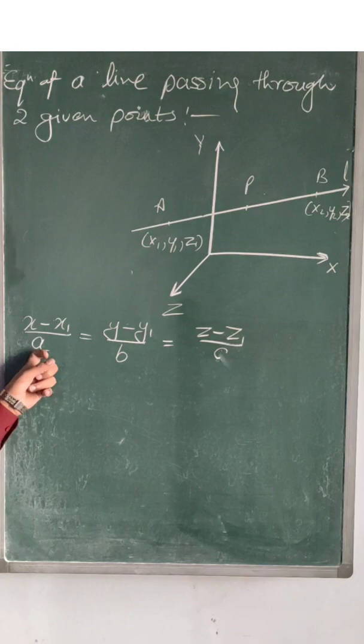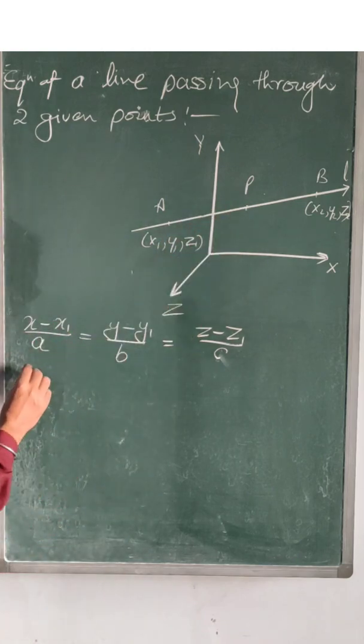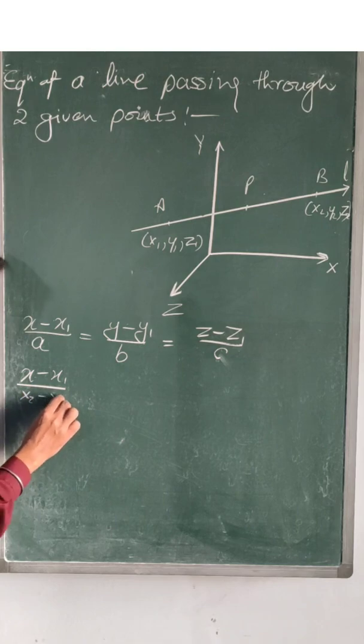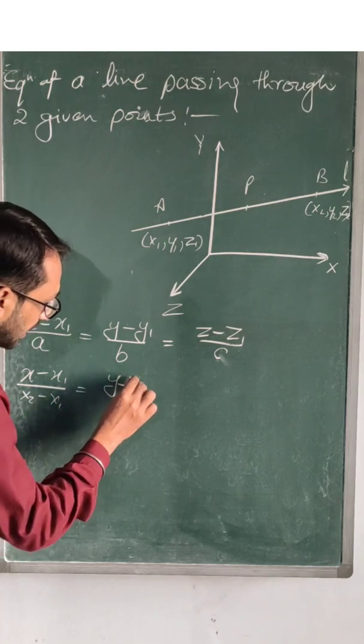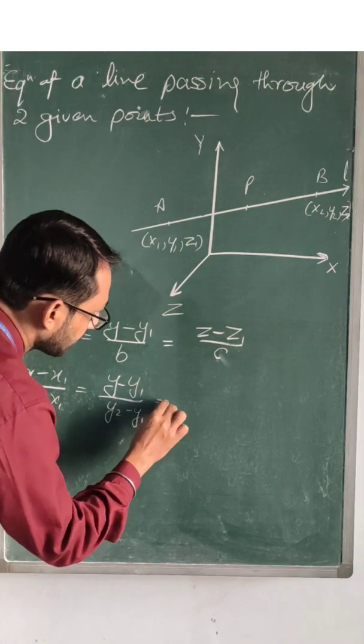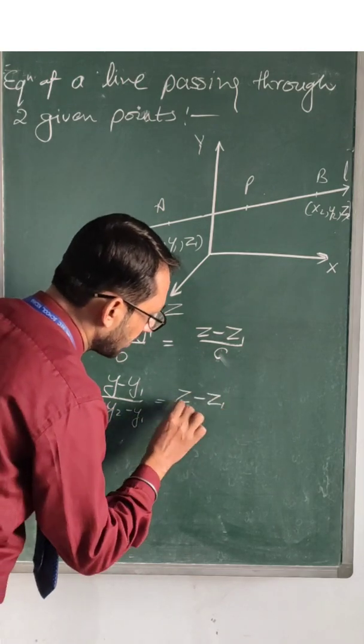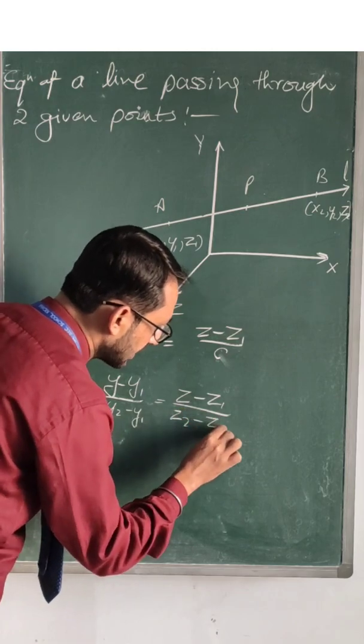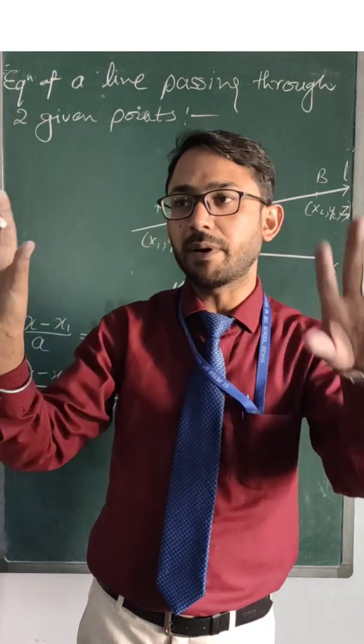DRs are represented with a, b, c, and the values can be written as (x minus x1)/(x2 minus x1) equals (y minus y1)/(y2 minus y1) equals (z minus z1)/(z2 minus z1).